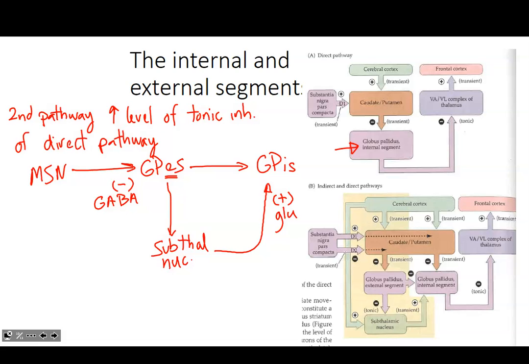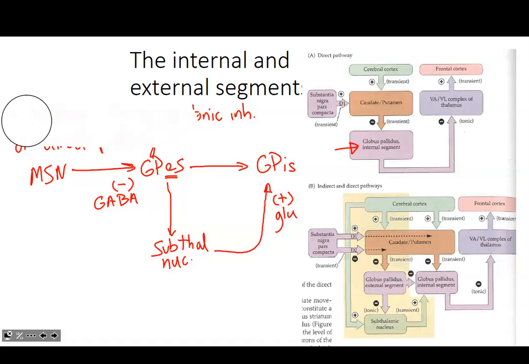Okay, and we know where the globus pallidus internal segment projects to, right? It goes on to the thalamus, which goes on to the frontal cortex, the motor pathway. Activation or stimulation of this pathway can occur in two different ways.